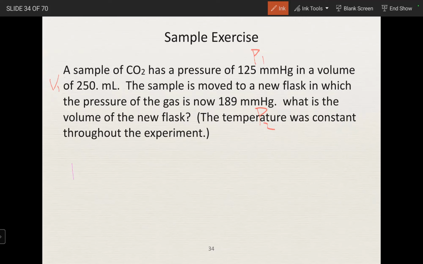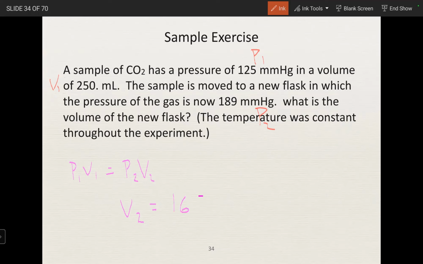So with this one, we've got P1, V1 is equal to P2, V2. And then again, we've got 3 of those pieces, just missing that final one, the V2. And when we go plug them in, do 125 millimeters of mercury times 250 milliliters, divided by 189 millimeters of mercury, what we're going to get with our significant figures.